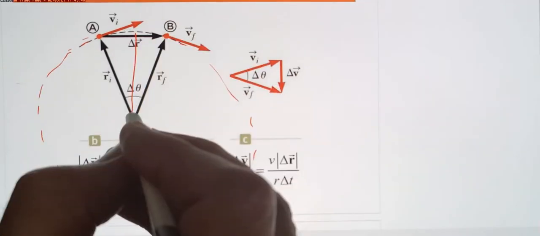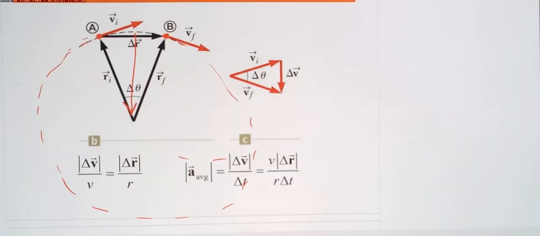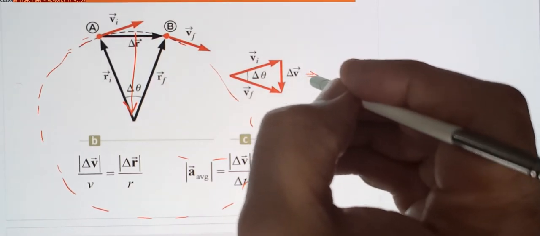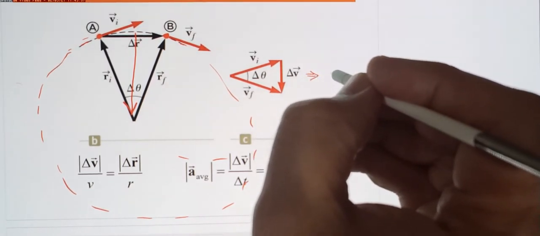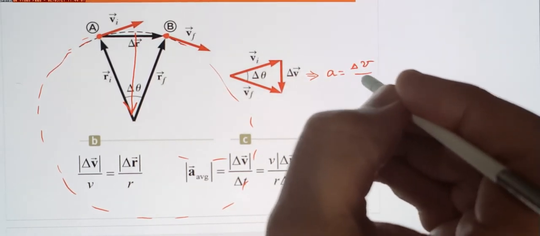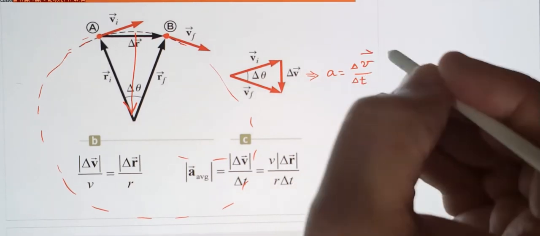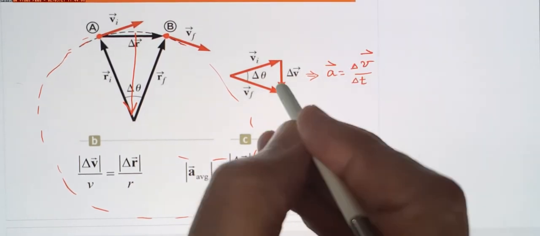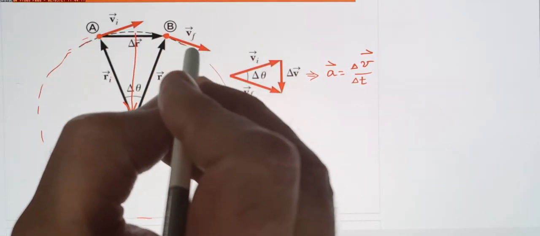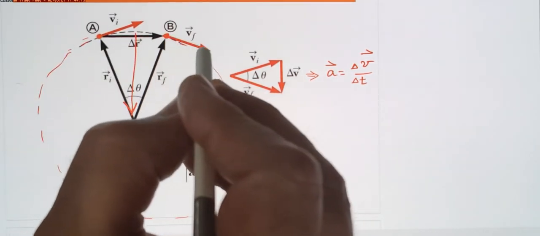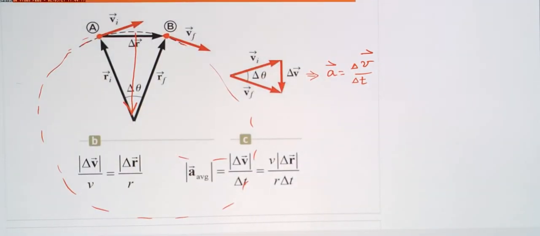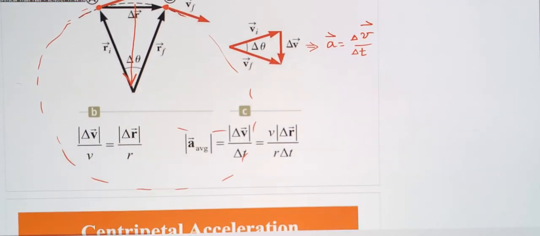The acceleration is pointing to the center. So this gives me A equals delta V over delta T. This is a vector and this is a vector. And the direction of it: we are moving here at the top of this circular motion, and the acceleration is pointing towards the center.